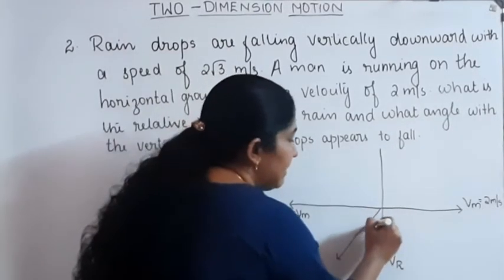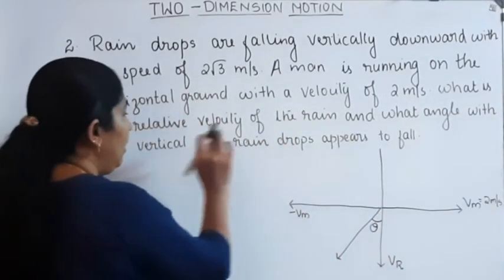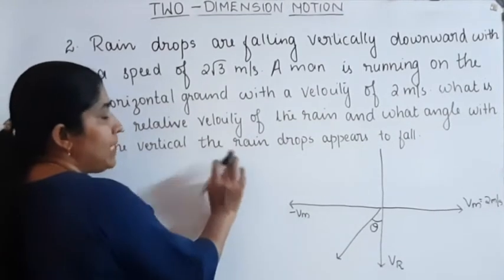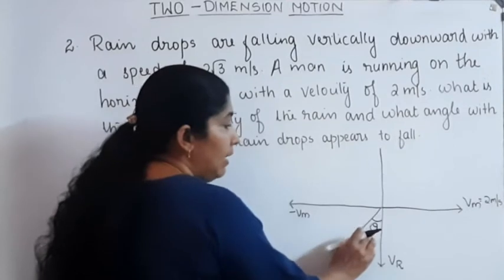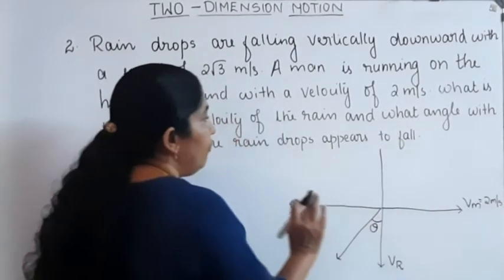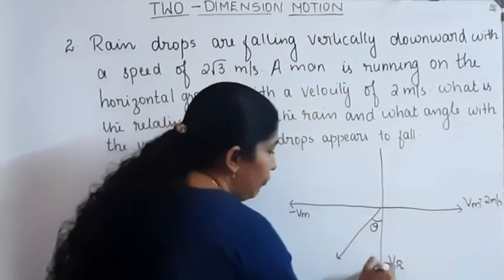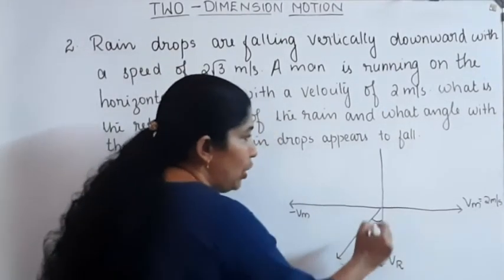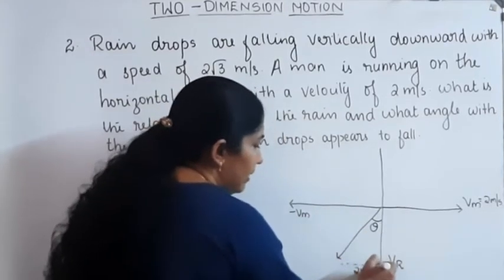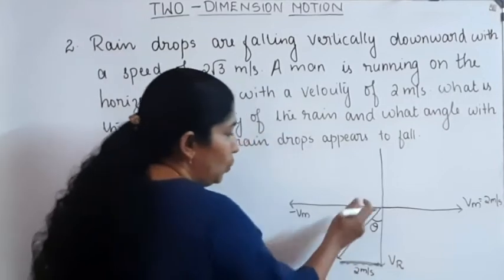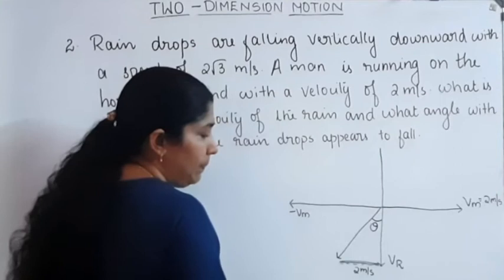If this angle is theta, we want to find out the angle with the vertical at which the raindrops appear to fall. For this, the velocity of the man is 2 meter per second; this side, which is parallel to the velocity of man, is taken as 2 meter per second.